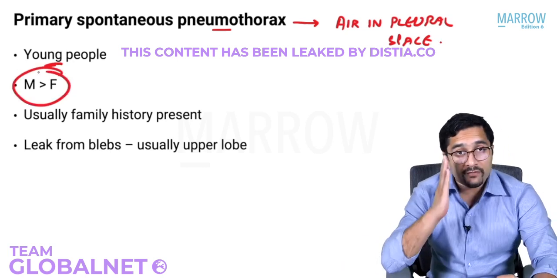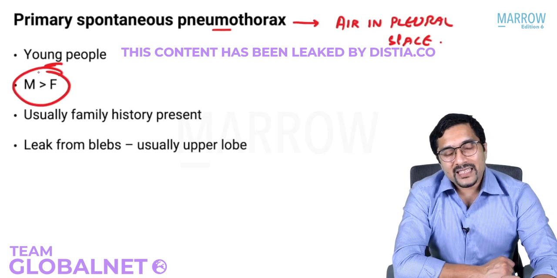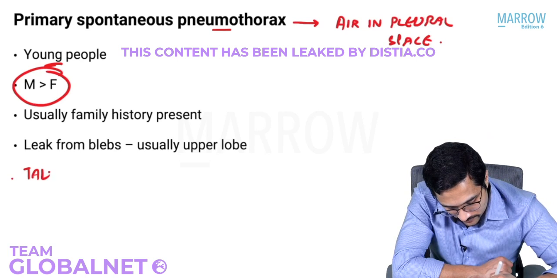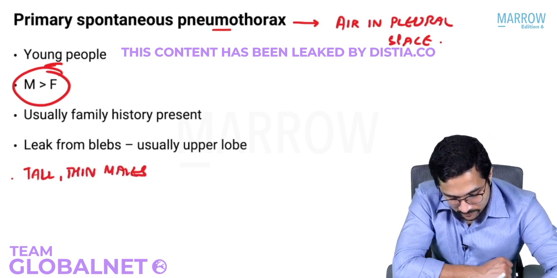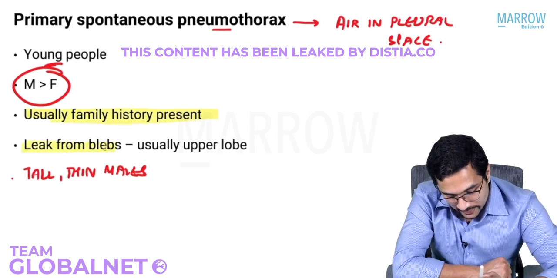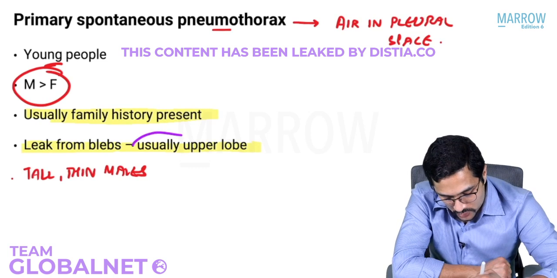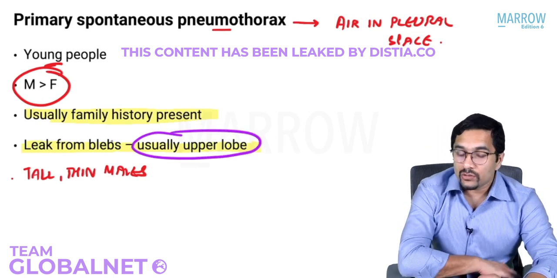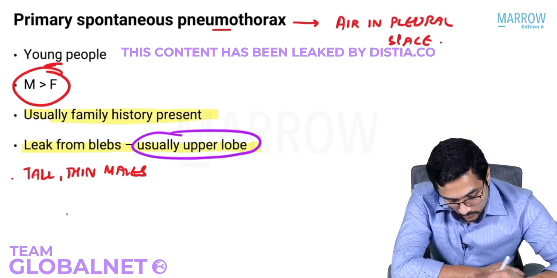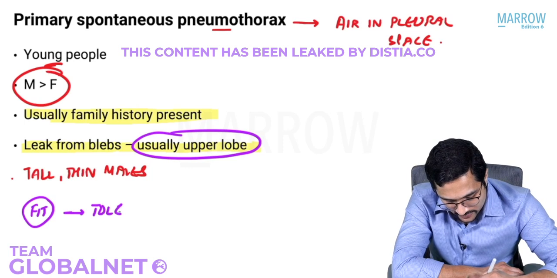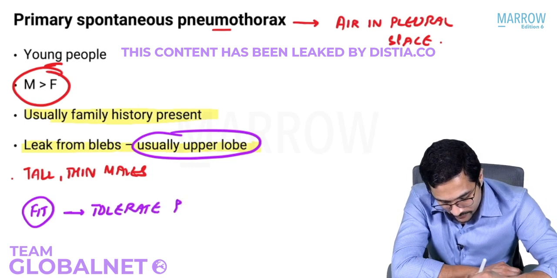Males are more commonly affected than females, and these are usually tall, thin males. These people usually have a family history of this condition, and there are blebs, usually in the upper lobe, and when these blebs rupture, that can give rise to pneumothorax. These patients are usually fit, so they tolerate pneumothorax better.